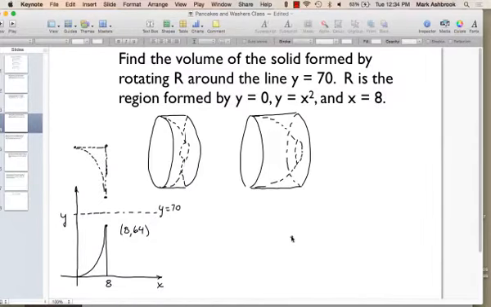All right, so I'm going to take my typical strip here. And again, to get my typical element, I'm going to rotate that about the same line that I'm rotating the whole region about. So at 180 degrees, it's going to be up like this.